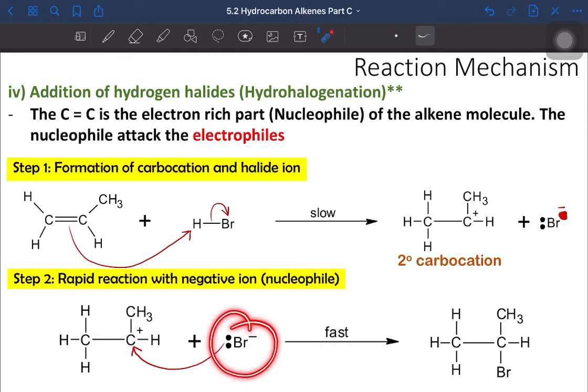So we have the nucleophile here, which is the anion, will attack the electrophilic site of the carbocation, which is this carbon. Okay, so this reaction is the rapid reaction. So the bromine will be bonded to the carbon here. So now we will get our major product of haloalkane that follows the Markovnikov rule. Okay.